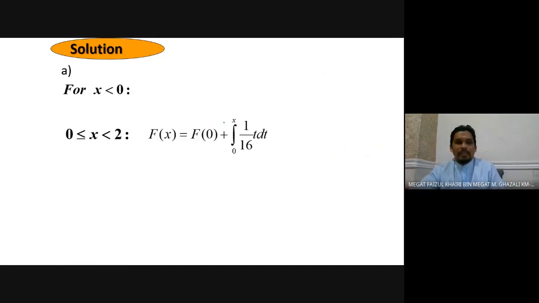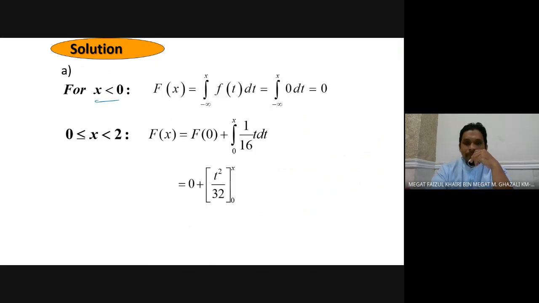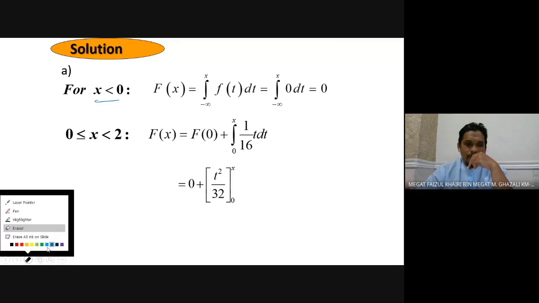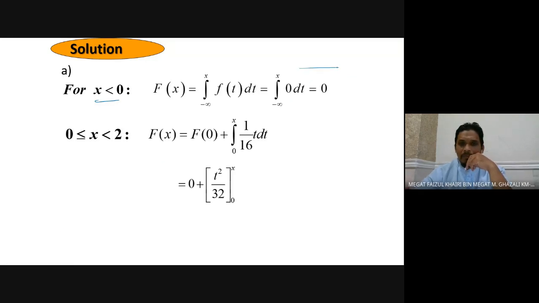So look at the first one then, x less than 0. For x less than 0, just now we have the domain from 0 until 2.